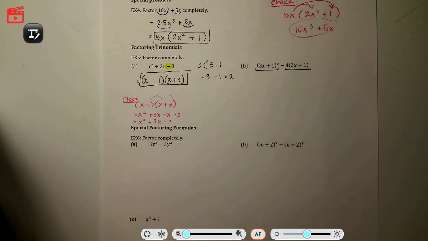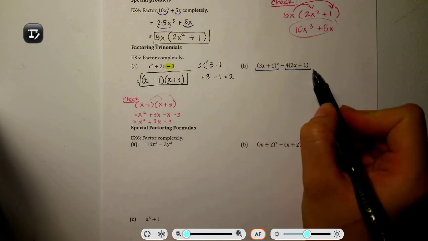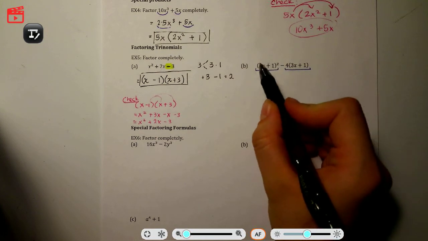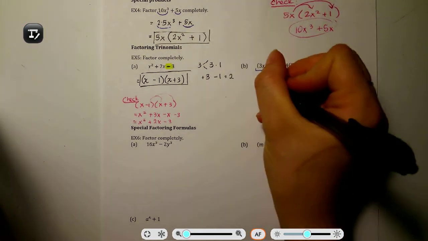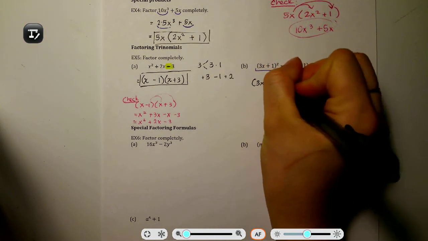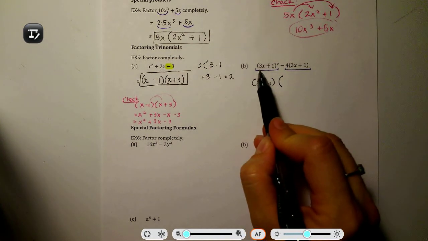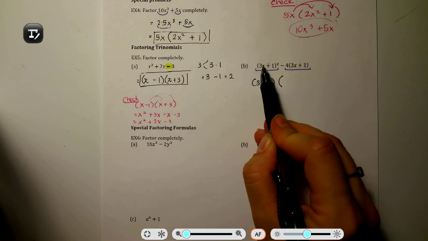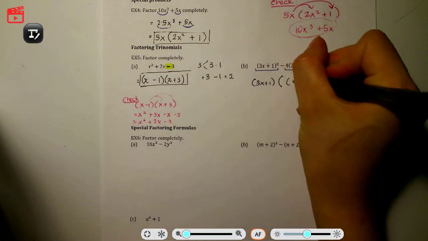It might be a little hard to see, but they both have the 3x plus 1 in common. This whole term here, this one has it twice, and this term has it once. So we're going to factor out the 3x plus 1. And what's left over? Well, this term had two 3x plus 1s, which means there's only one left over.